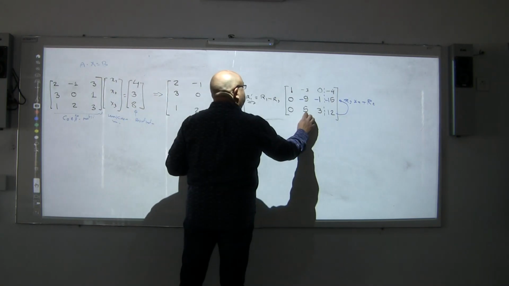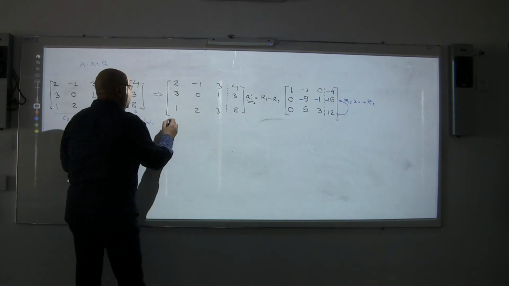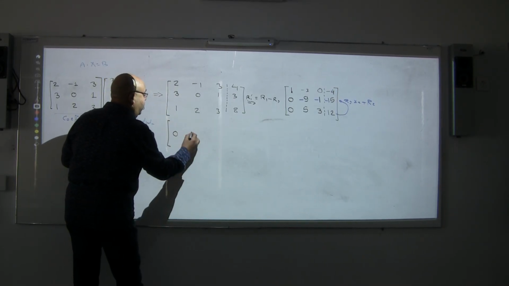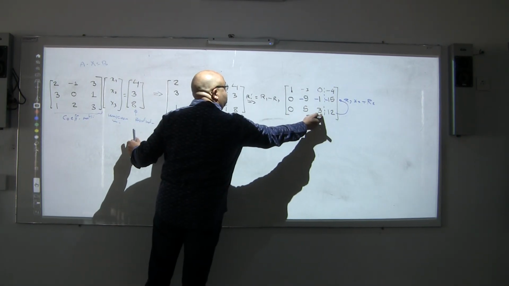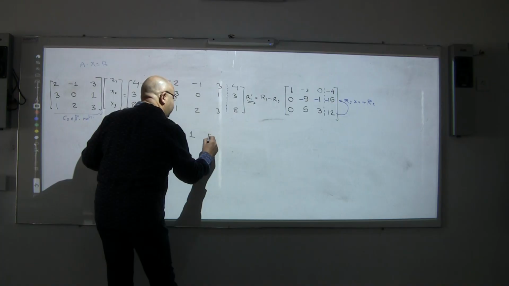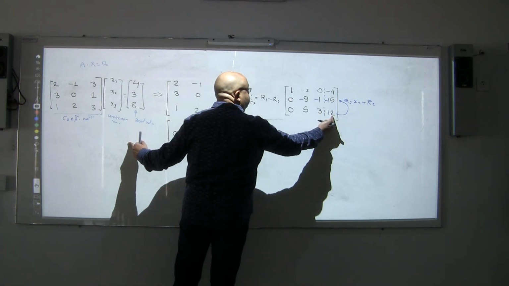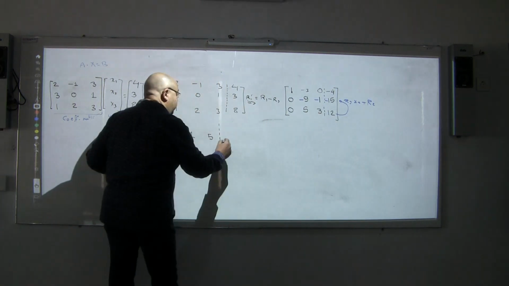If I multiply this by 2, 2 times 5 is going to be 10. 10 plus negative 9 will be 1. So it's going to be 0 and 1. 2 times 3 is going to be 6. 6 minus 1 is going to be 5. Once more, 2 times 12, I'm sorry, it's going to be 24. 24 minus 15 is going to be 9.